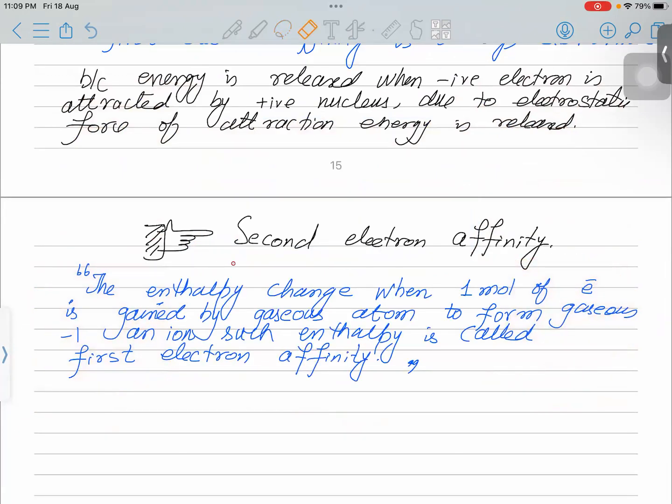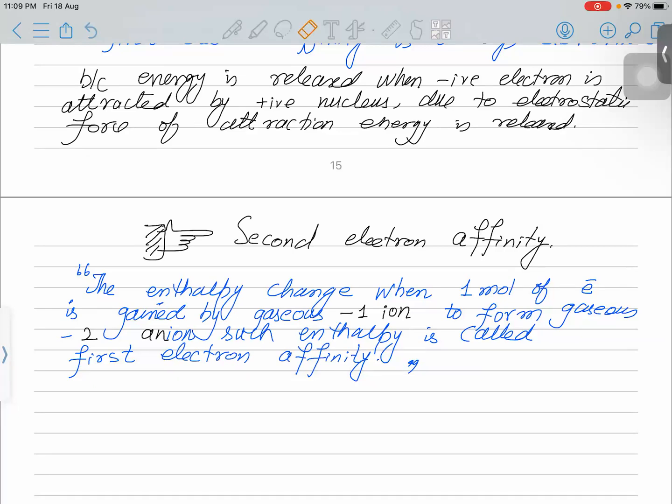The enthalpy change when 1 mole of electrons is gained by a gaseous minus 1 ion to form a gaseous minus 2 anion.